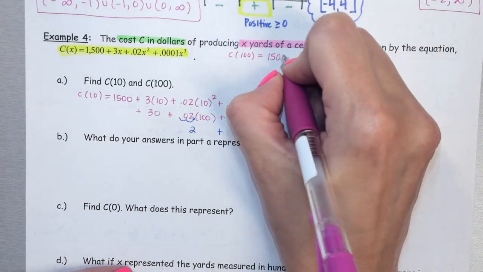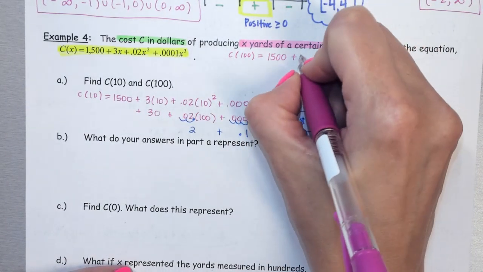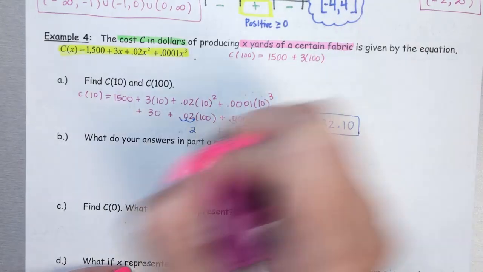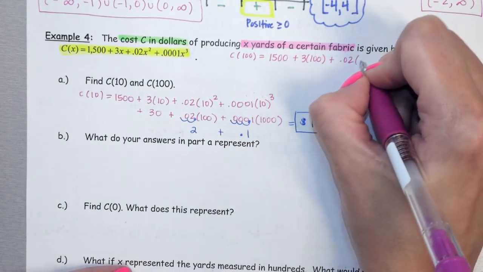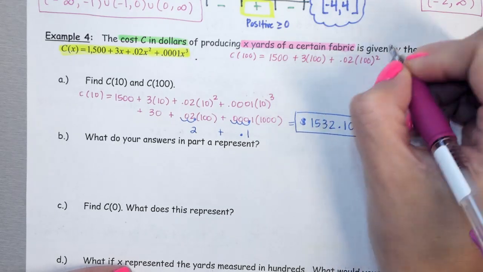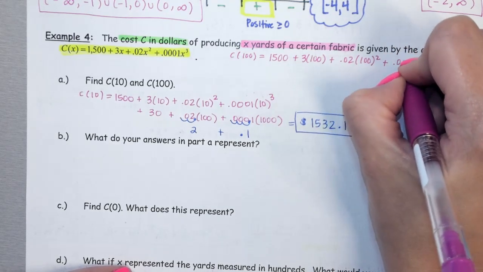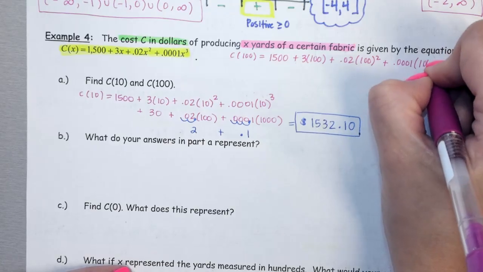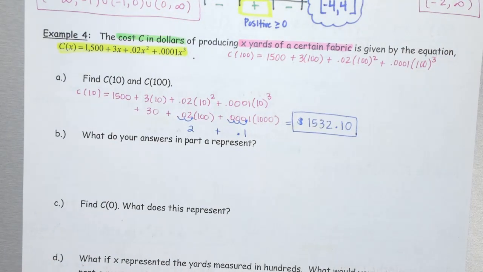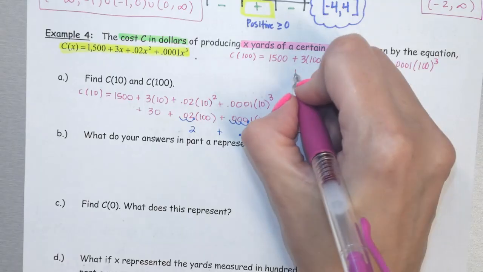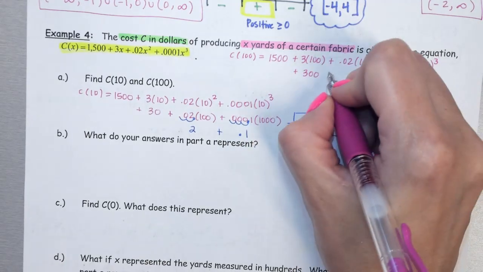So we still start with the 1500. And then any place we see an X, we're going to put in 100 there. Okay, so then we have 300 plus.